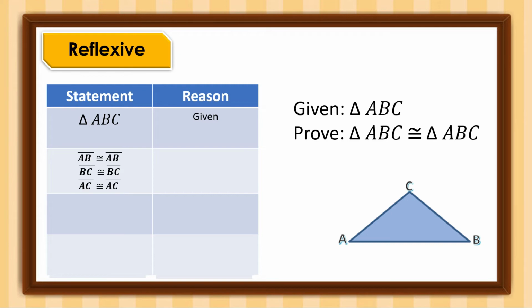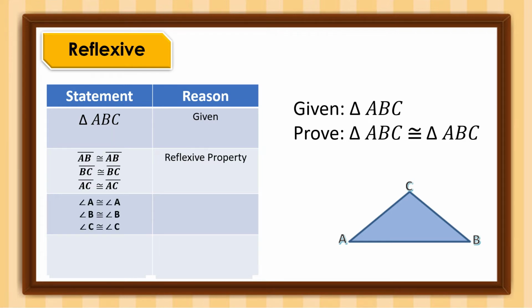Then next is segment AB is congruent to segment AB, segment BC is congruent to segment BC, and segment AC is congruent to segment AC. And its reason is by reflexive property.